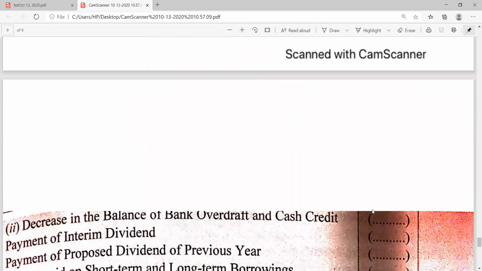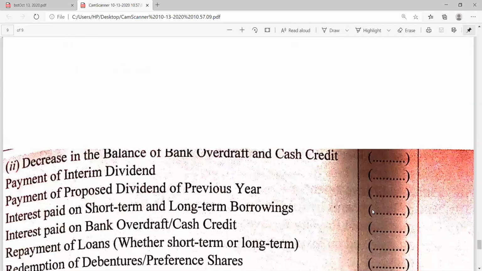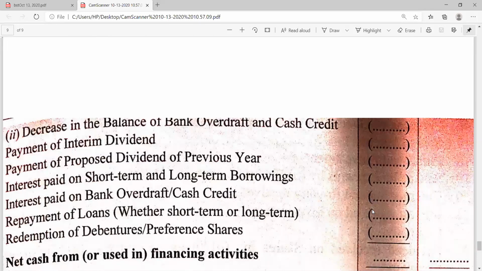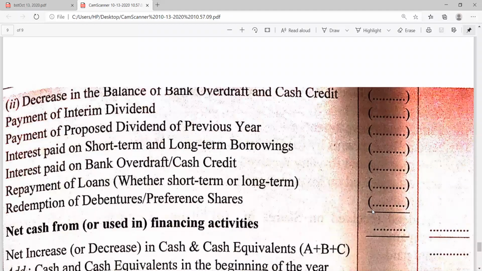Means all the activities related to your finance. And payments like interim dividend, proposed dividend, interest paid on short-term and long-term borrowing, payment of loans, redemption of debentures, in which cash is utilized for financing activities, the cash outflow is to be shown in brackets here. In this way, you will get the net cash from financing activity.